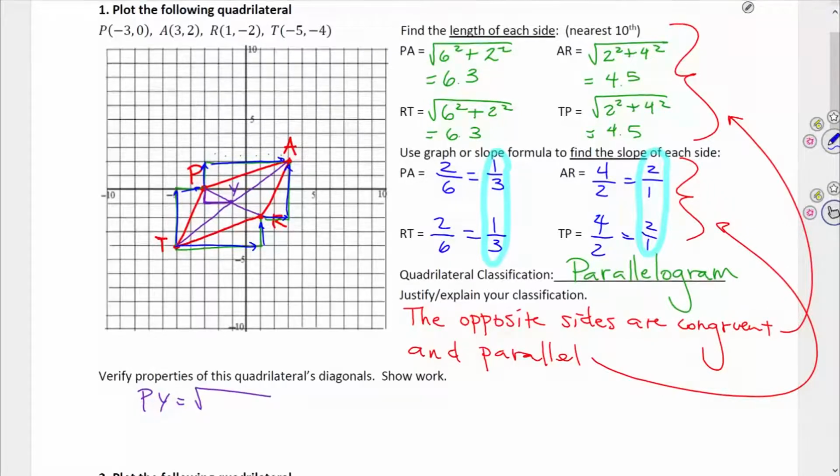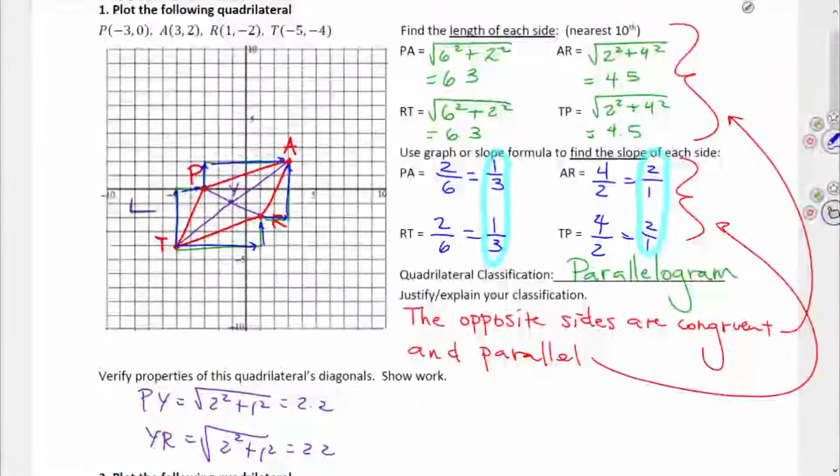That horizontal distance is 2 and the vertical distance is 1. And I get the square root of 5, which is about 2.2. Then also down here it's the same triangle. YR is also the square root of 2 squared plus 1 squared, which is also 2.2. So that one is being bisected.